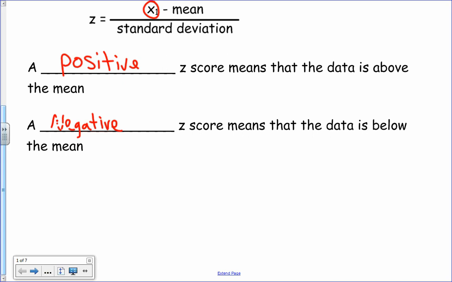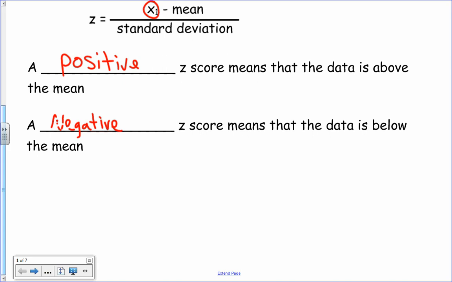Now, think about this. Your number that you're putting in is going here, and you're subtracting the mean, correct? So if my mean was the number 2, but I put a 4 in X1, what's 4 minus 2? 2 is a positive number, right? So if I'm above the mean, I'm going to get a positive number. Think about this, though. My mean was 2, and I put in a 1 there for X1.